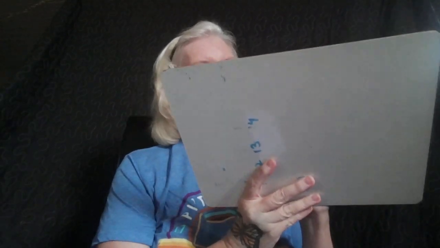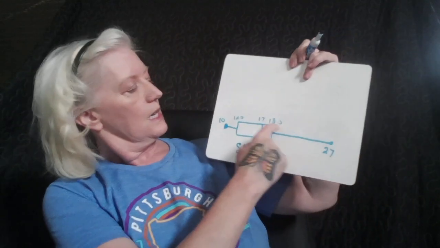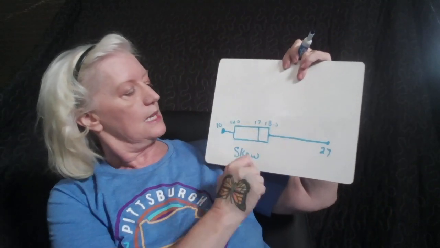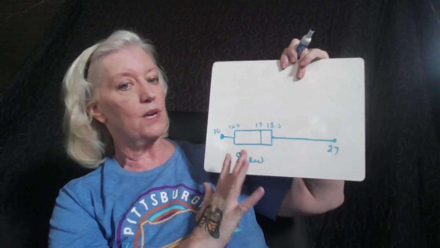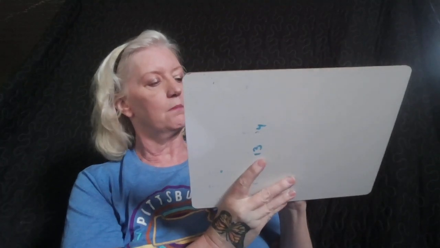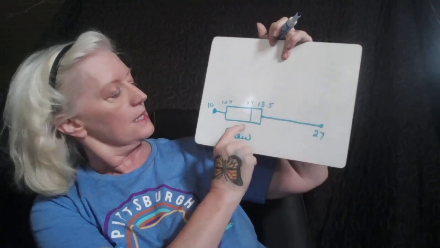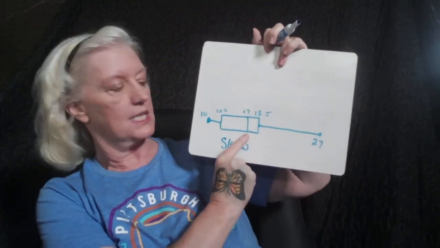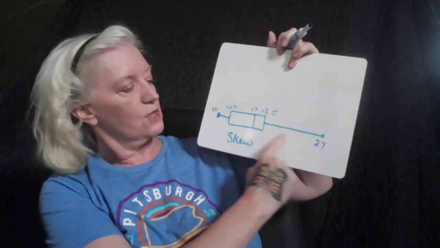We don't know our mean, and that wasn't our median, I messed that up. This is our median. Our median is 17. But since this is really long, if I drew this as a distribution, it would look like this.